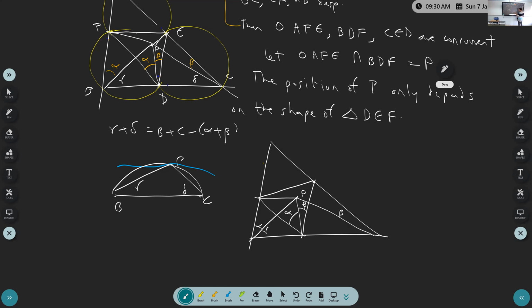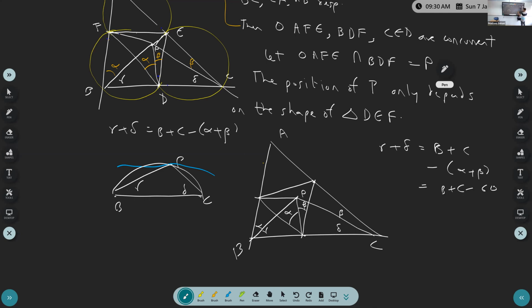And if I call this angle gamma and delta, then what I know is gamma plus delta has to be equal to B plus C, where ABC are my original triangle, minus alpha plus beta, which is 60.